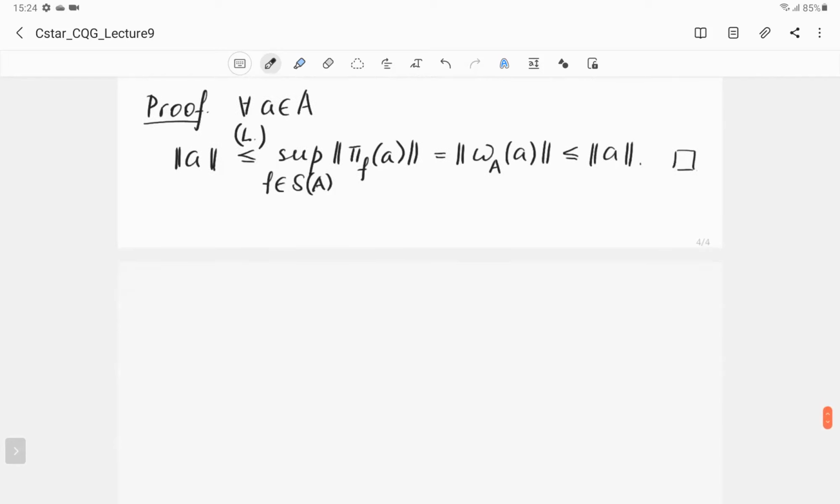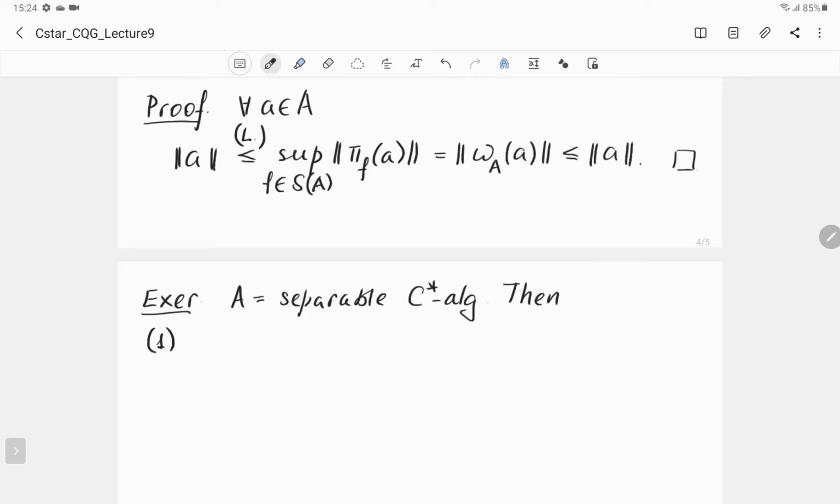we have the following useful result, and this is an exercise for you. Suppose that A is a separable C-star algebra. Then, first of all, I claim that for each positive linear functional f on A, the representation space for the GNS representation is separable.